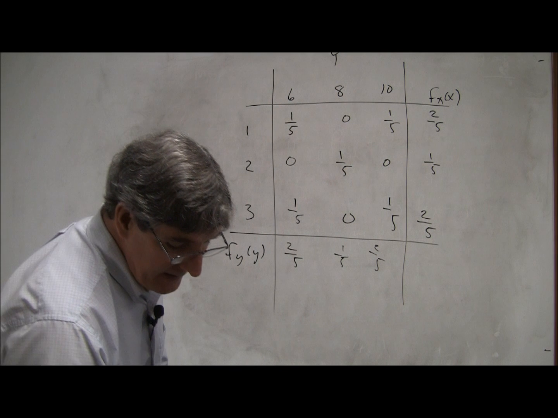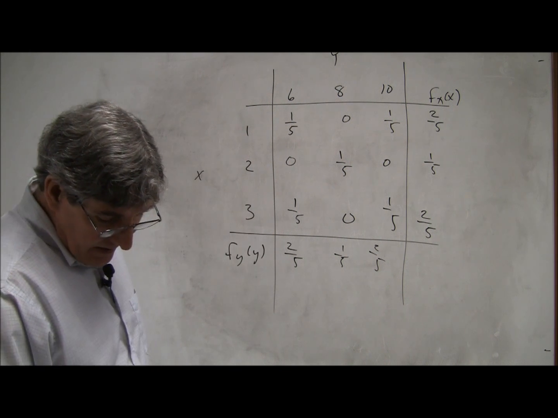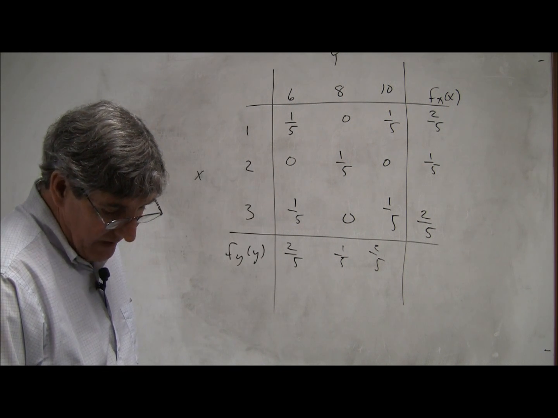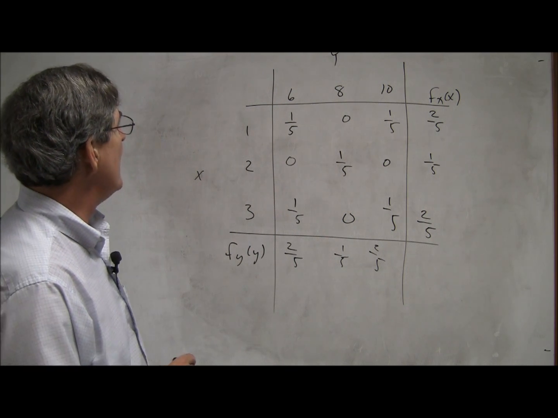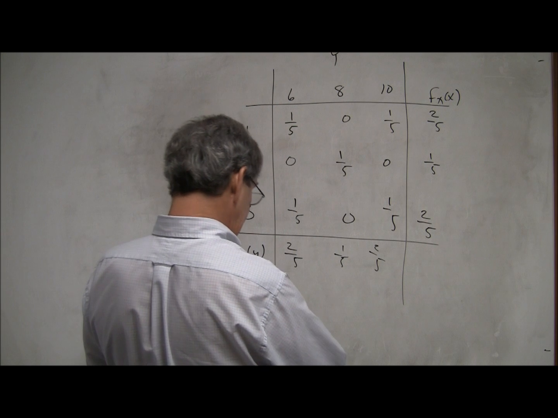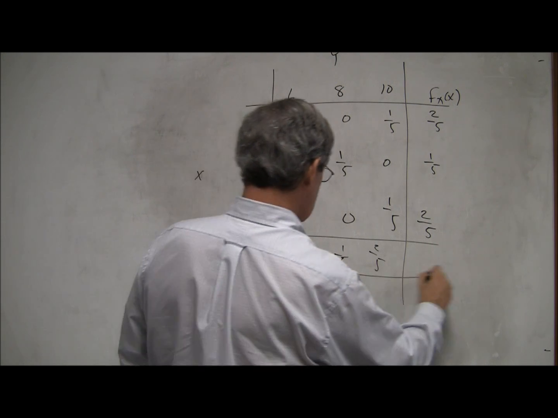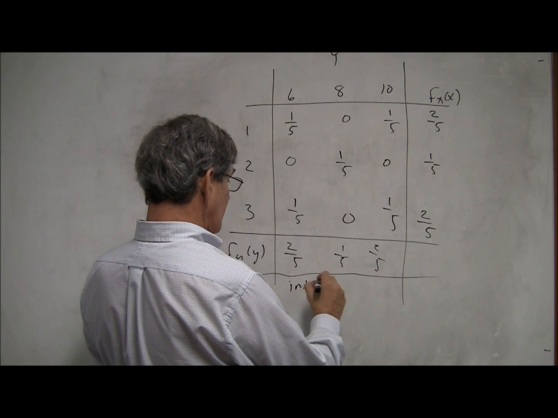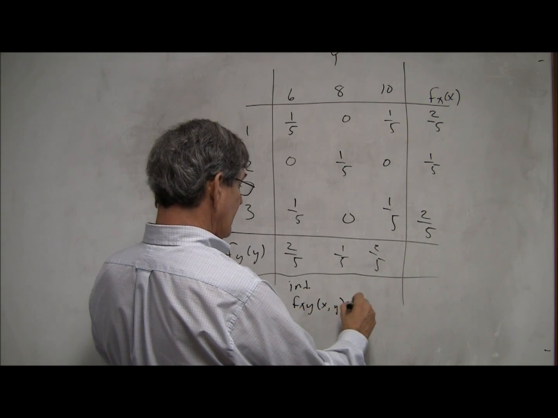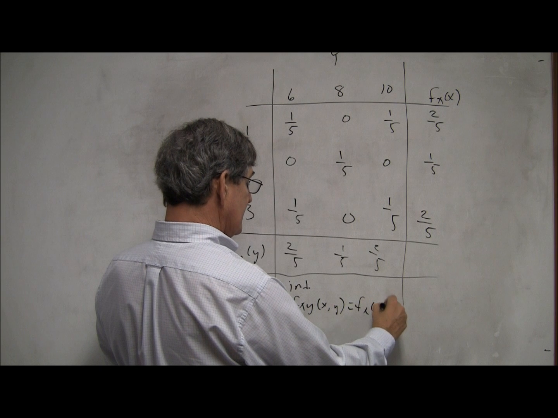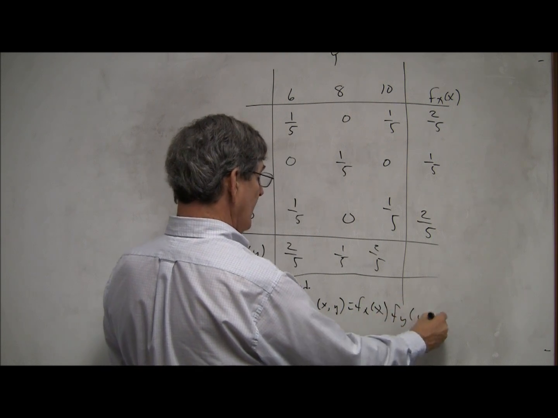So we can see easily that these two things are not independent. Why? Remember, if they're independent, it means that fxy of x and y is fx of x times fy of y.